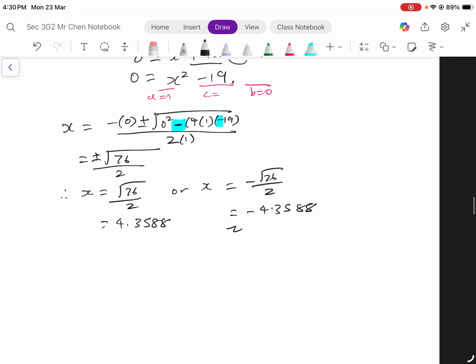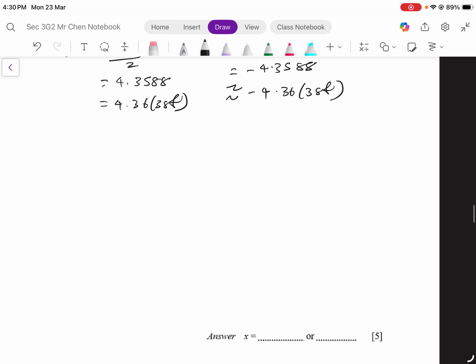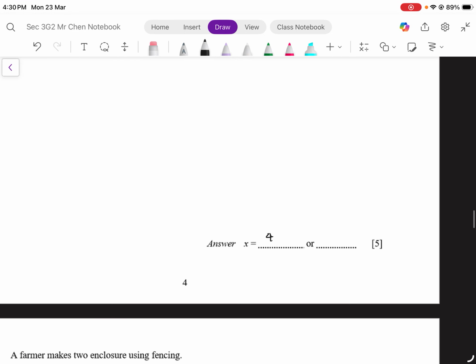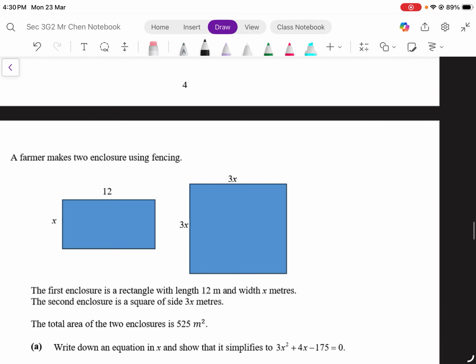Didn't specify accuracy, so 3 significant figures, 4.36 SF. Okay, so one is 4.36, the other one is minus 4.36. Okay, then you should get your answer.